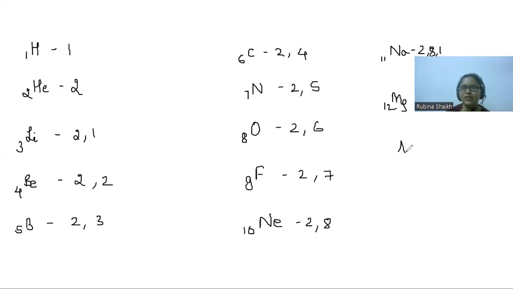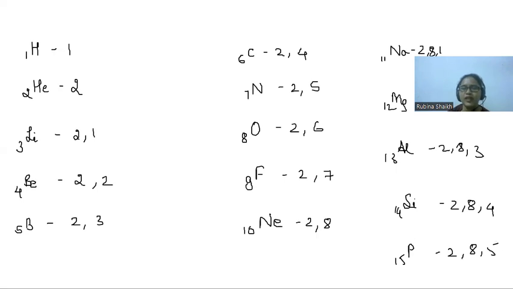Then aluminium 13, 2, 8, 3. After aluminium it is silicon 14, 2, 8, 4, and then phosphorus 15, 2, 8, 5.